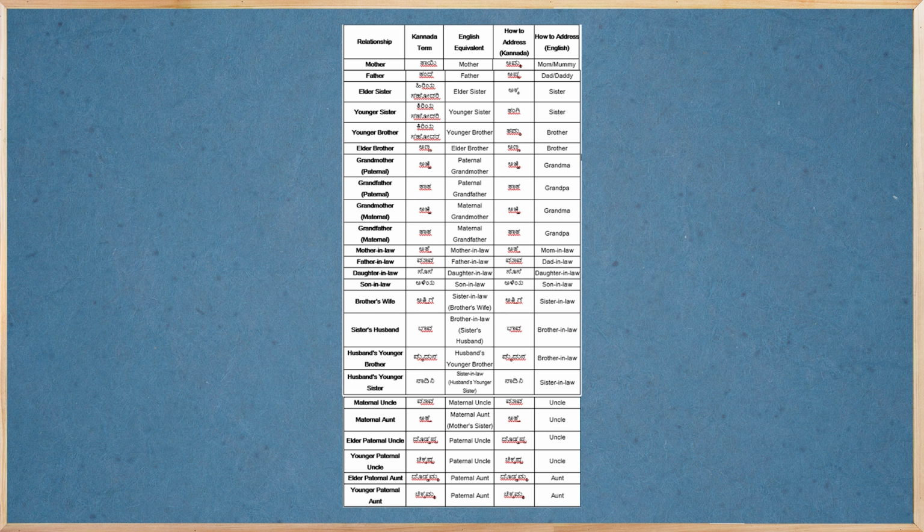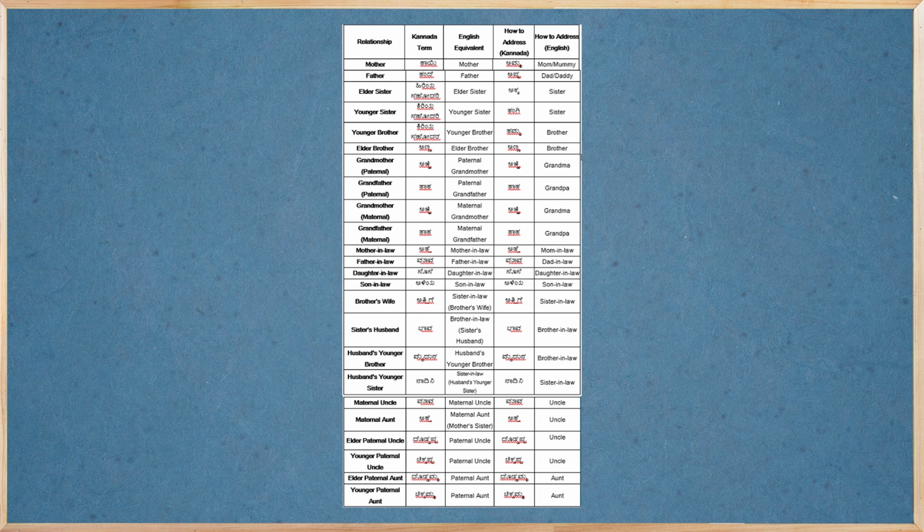Elder sister is called Hiriya Sahodari in Kannada and we address her as Akka, similar to sister in English. Younger sister is called Kiriya Sahodari in Kannada and we address her as Tangi.